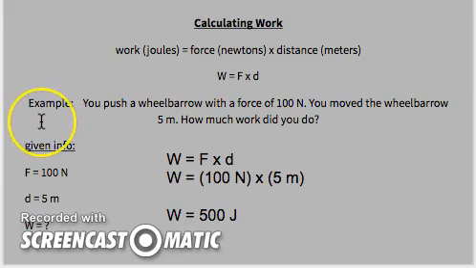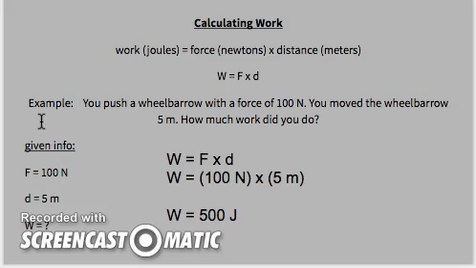And here's an example problem we're going to work through together. You push a wheelbarrow with a force of 100 newtons. You moved the wheelbarrow 5 meters. How much work did you do? Well, we're going to approach this problem like we have in all of the other problems we've done.